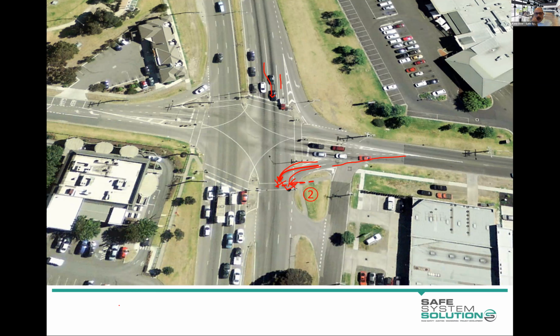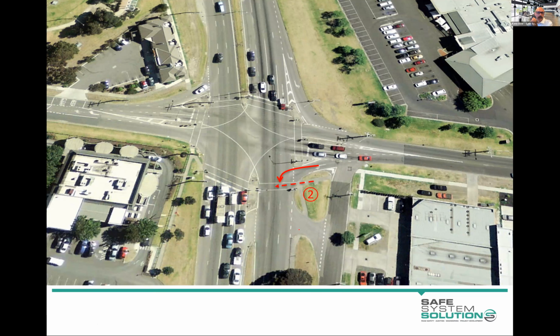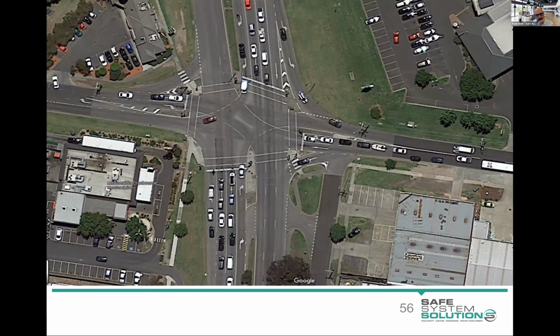So our task as road safety auditors is to get this at design stage, and try and make sure that doesn't happen. It's not built like that. Again, this one got changed, but it had to have those incidents in order for it to get changed.